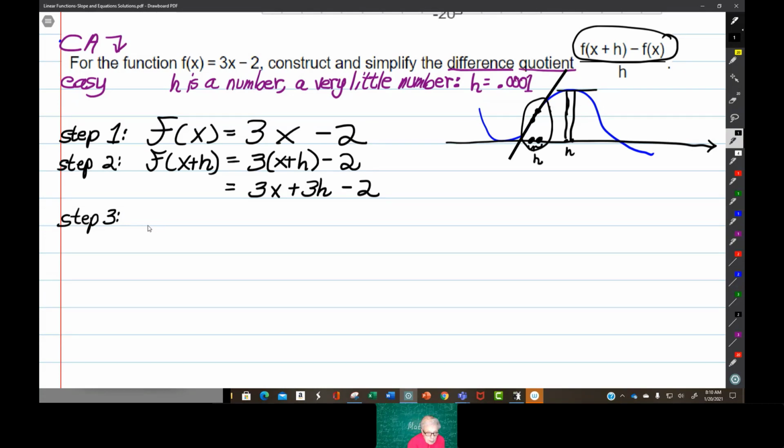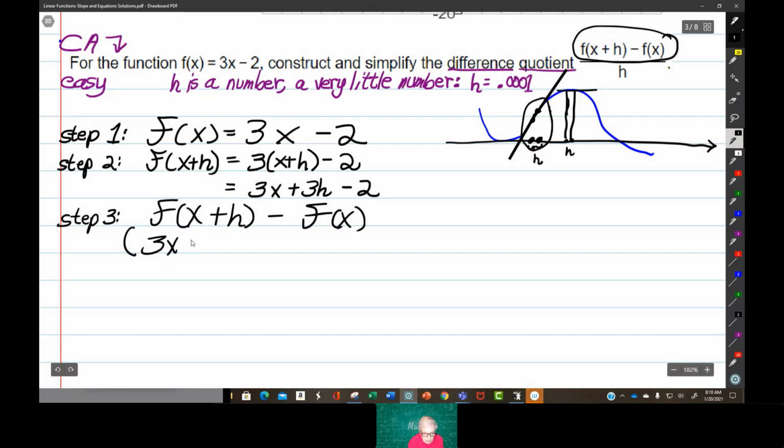So I'm going to find f of x plus h minus f of x. And I know both of those now. I know that f of x plus h is 3x plus 3h minus 2, and f of x is 3x minus 2.